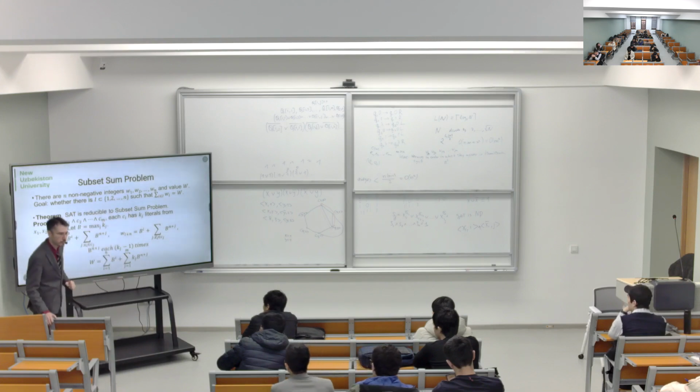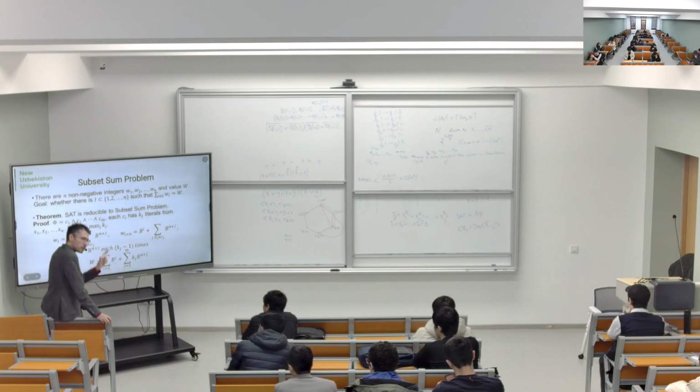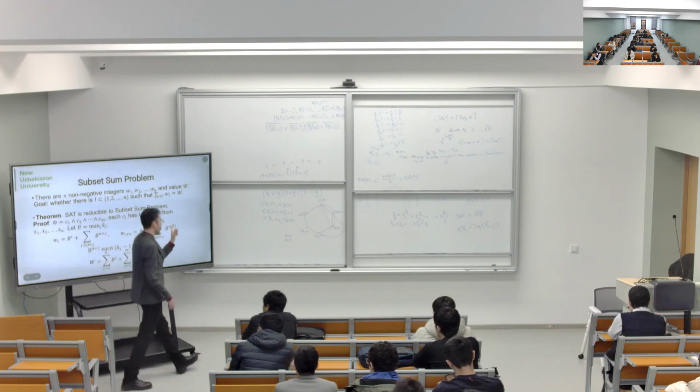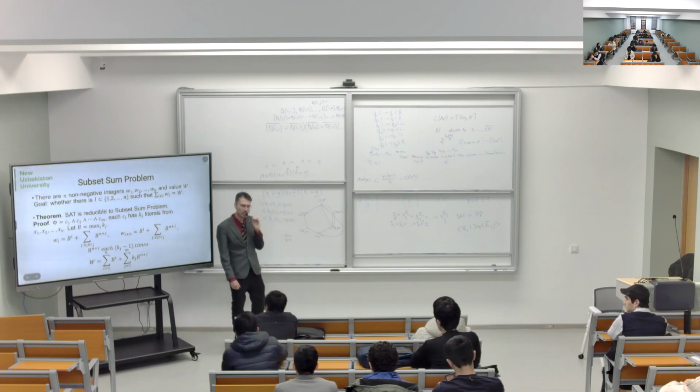What is this? It means that for each of the clauses, I selected the value of xj. So for each of the clauses, I selected what this will be equal to, what this will be equal to, etc. So I selected their values.